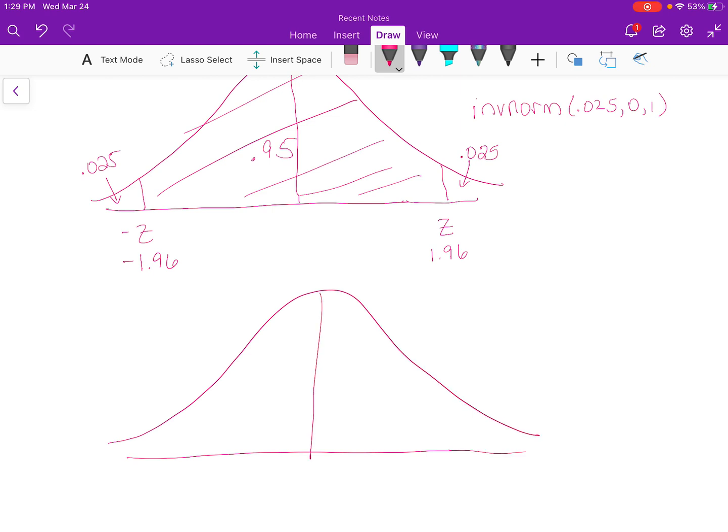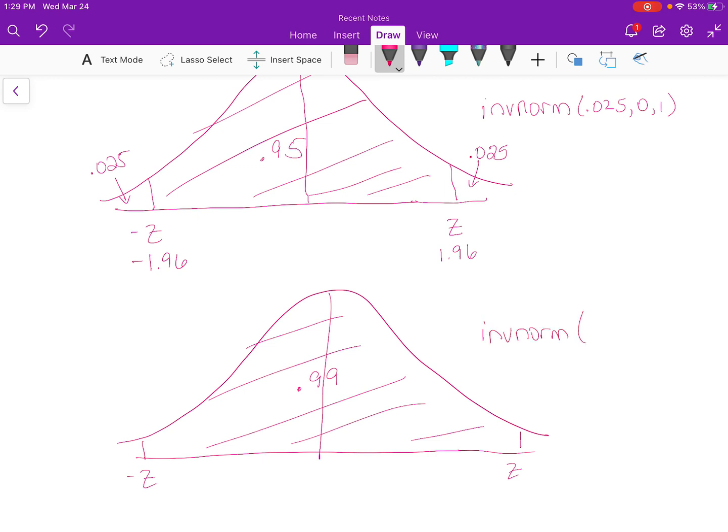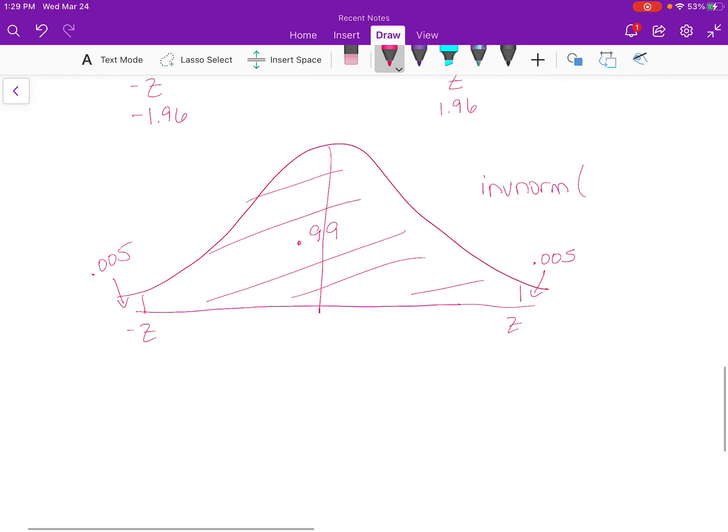And then for the last one, if I did the negative and positive z-scores associated with 99% of the data being between, then that's 1% on the outside. Divide that by 2 because I have 2 tails that have to accommodate all of that 1%.